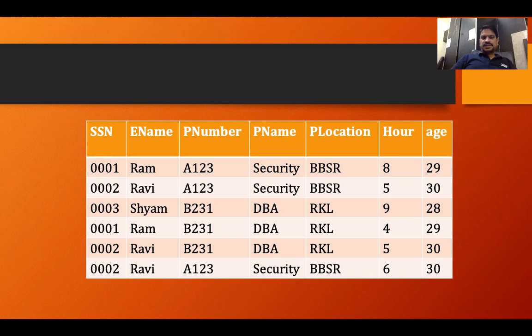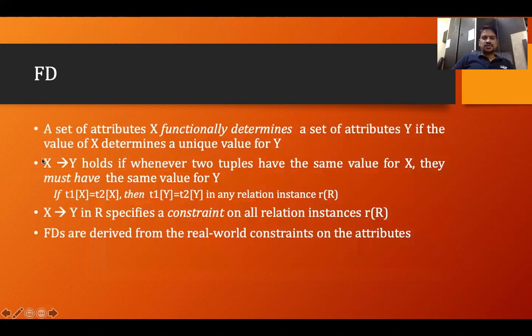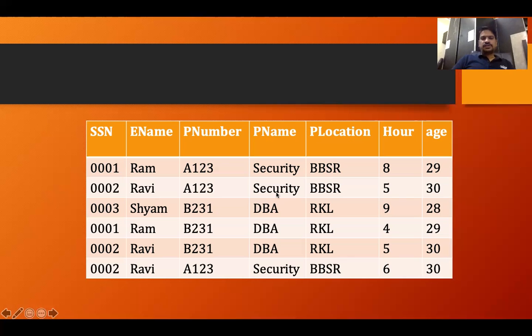It means which attribute determines which attribute. When the left hand side part changes, the right side also changes. If the left side is the same, the right side will be the same. That is the meaning of X determines Y.